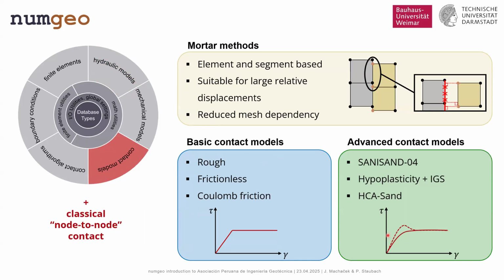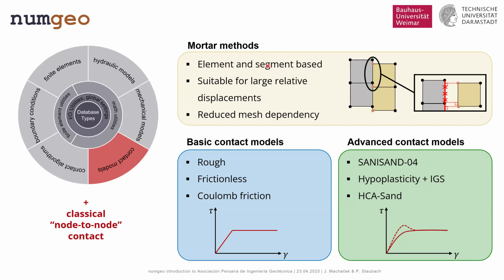Now, the third cornerstone of NUMGEO is different and quite advanced contact algorithms. We have the very classical contact algorithm implemented, which is node-to-node contact. That's the industry standard for geotechnical software, at least. But on top of that, we have a more advanced one, which is the mortar method. For this, you can choose between two different types, an element-based or a segment-based approach.